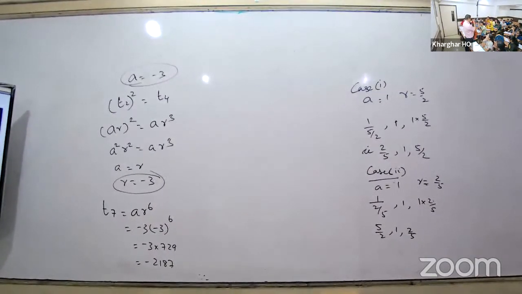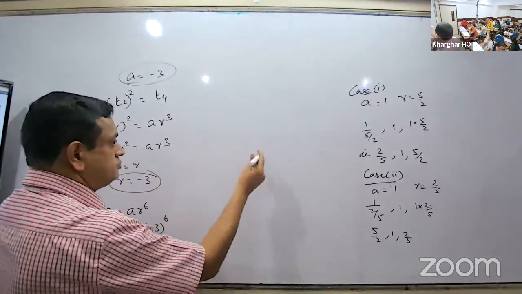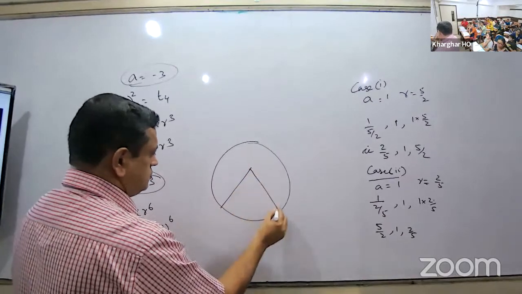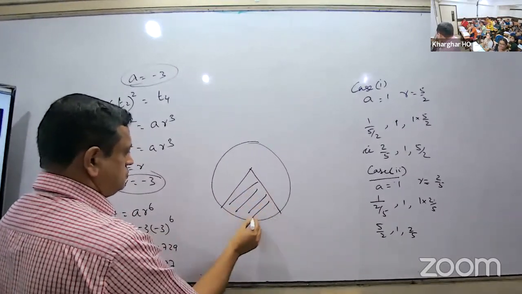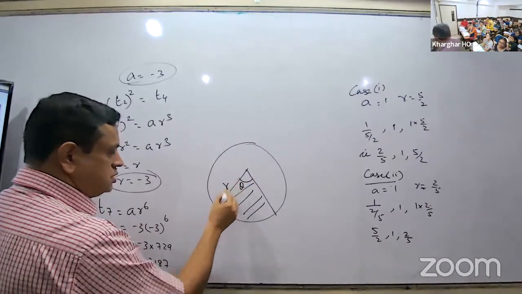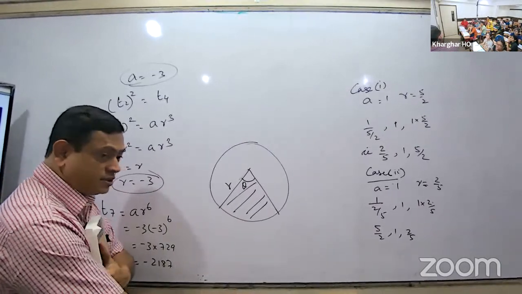The region enclosed between the radii. This is the sector angle, this is the radius. This shaded region is called the sector.